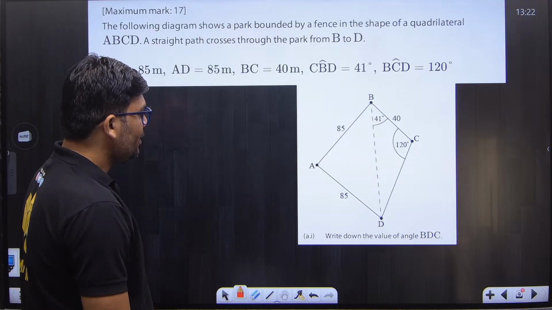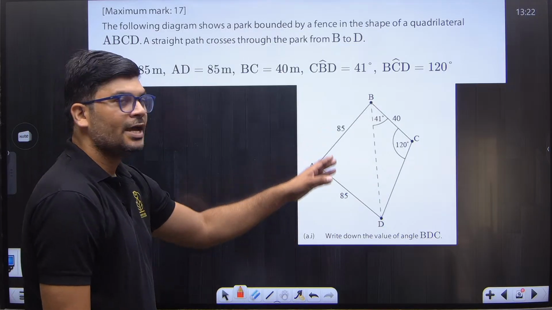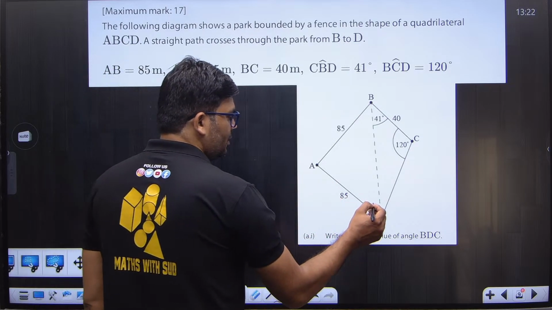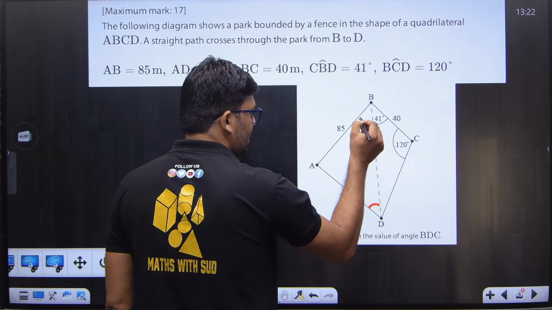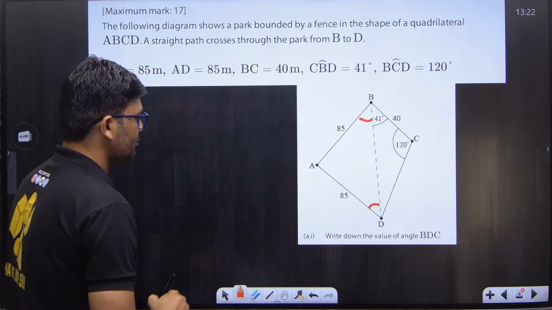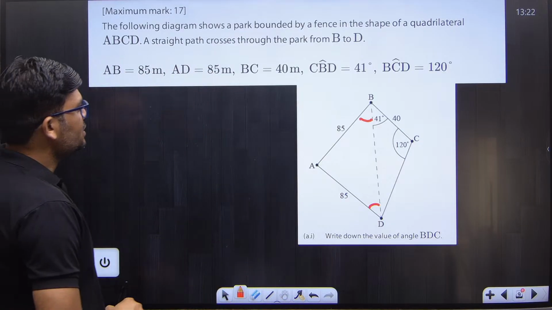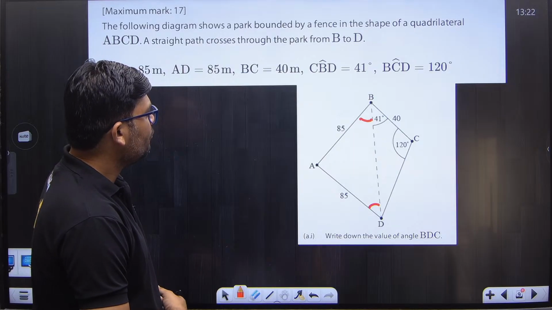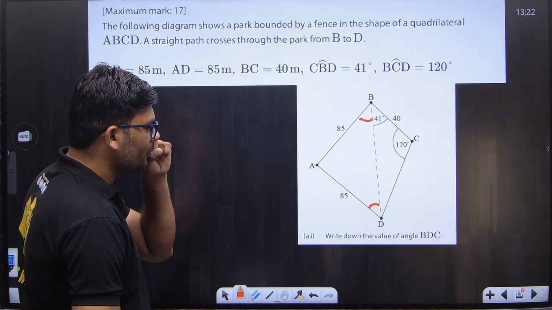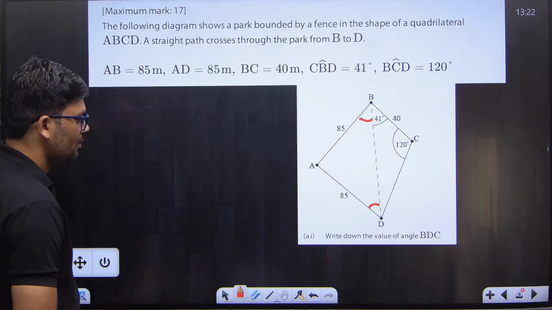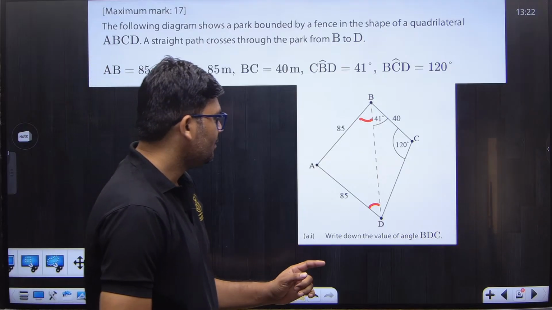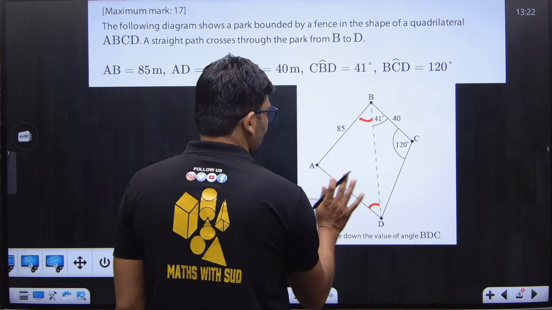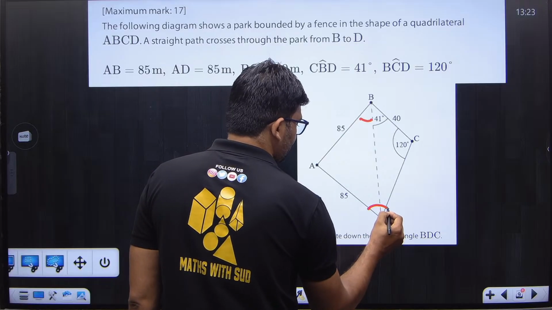AD is 85 meters. So this is an isosceles triangle you can see. So this angle must be equal to this angle. Are you getting it? Yes. BC is 40 meters. Angle CBD is equal to 41 degrees. Angle BCD is equal to 120 degrees. Write down the value of angle BDC. They are asking us to find this whole angle BDC.